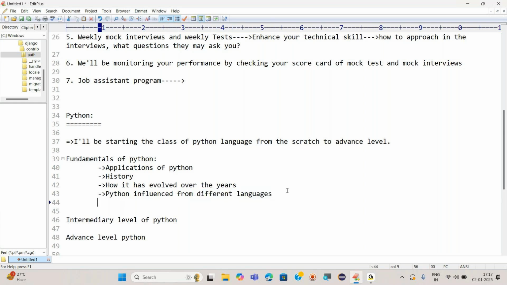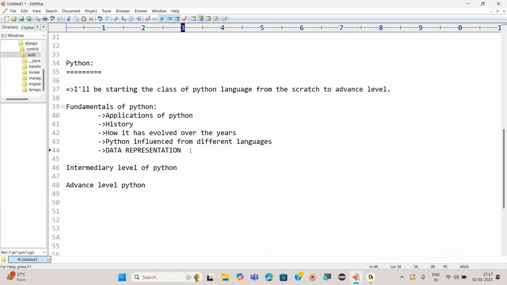Then after this we will be seeing the data types, or I would say data representation. In data representation, this only will take some 20 days of time, because here itself I'm going to show you what is a data type, how many types of data types there are.